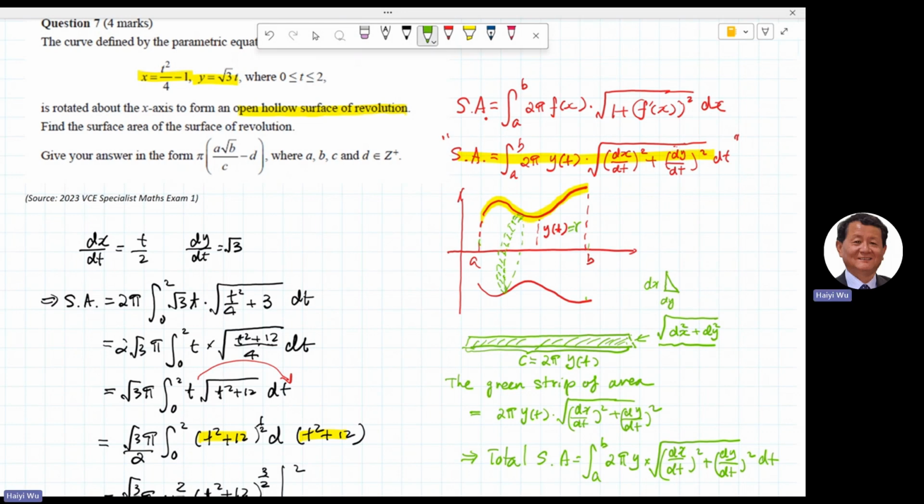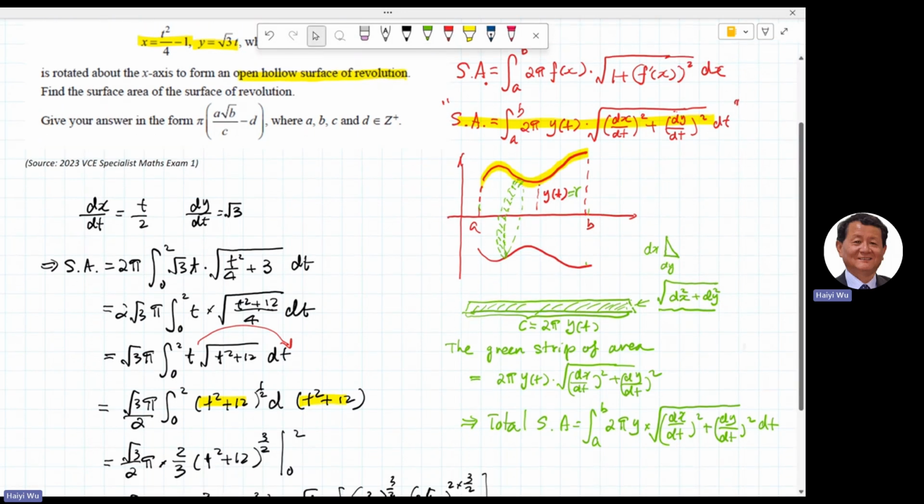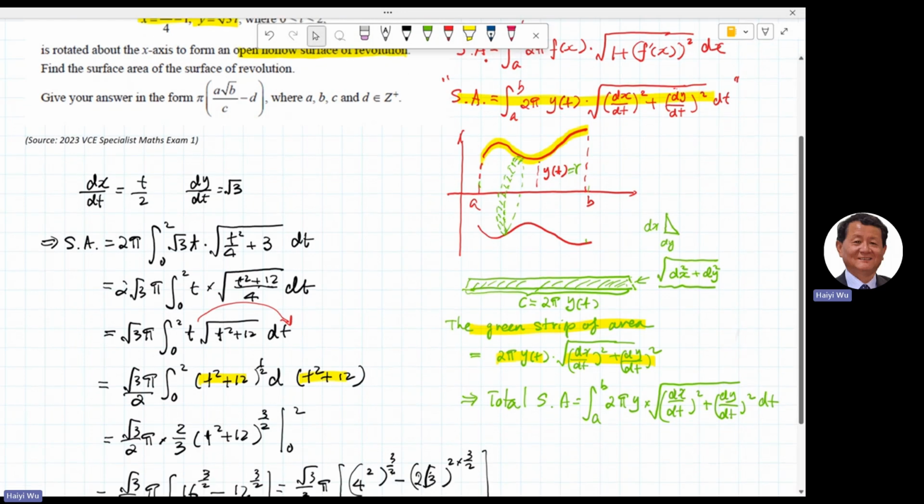If that's actually upside down, then the hypotenuse is the square root of dx squared plus dy squared.